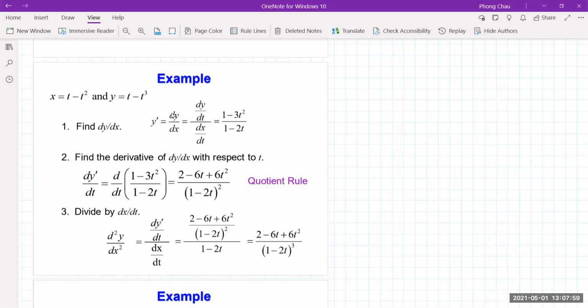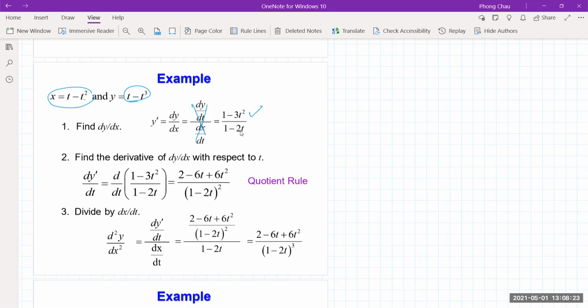So the y prime, dy/dx, is just the derivative of y divided by the derivative of x. Now, you probably don't need to write the step down, but you can just take the derivative of y, which is 1 minus 3t squared, divided by the derivative of x, 1 minus 2t.